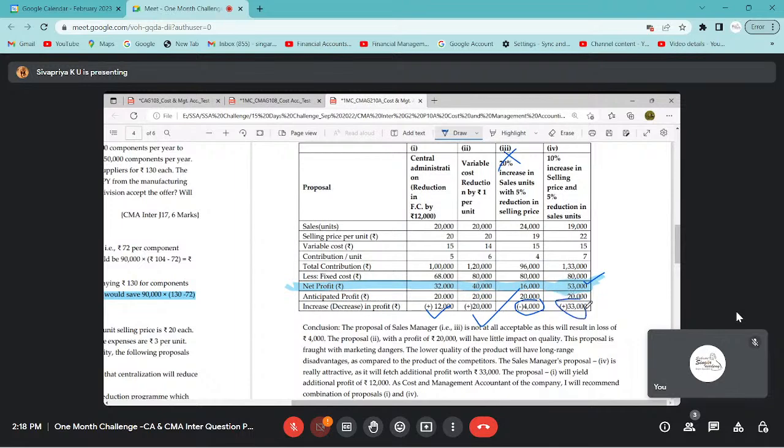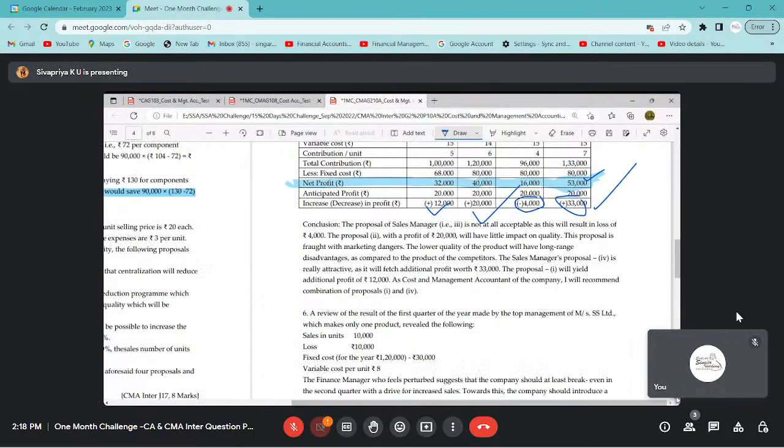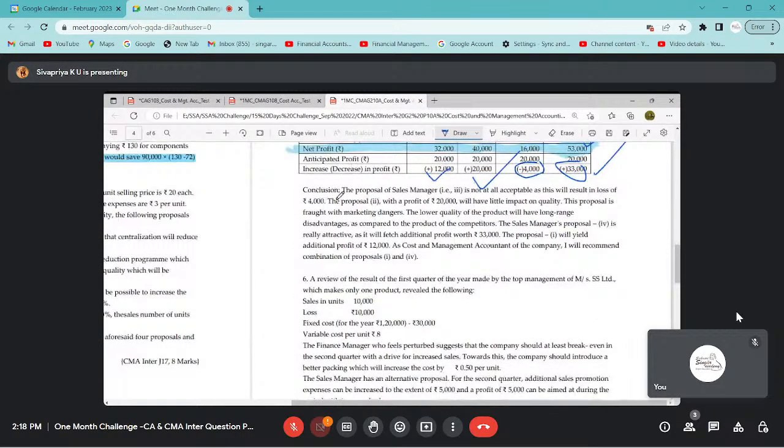So it is 33,000 higher, and since it is higher, you will accept this proposal. So this conclusion, suggestion or recommendation, whatever is asked, you must write it. That is also a part of your answer. There are marks for that as well.